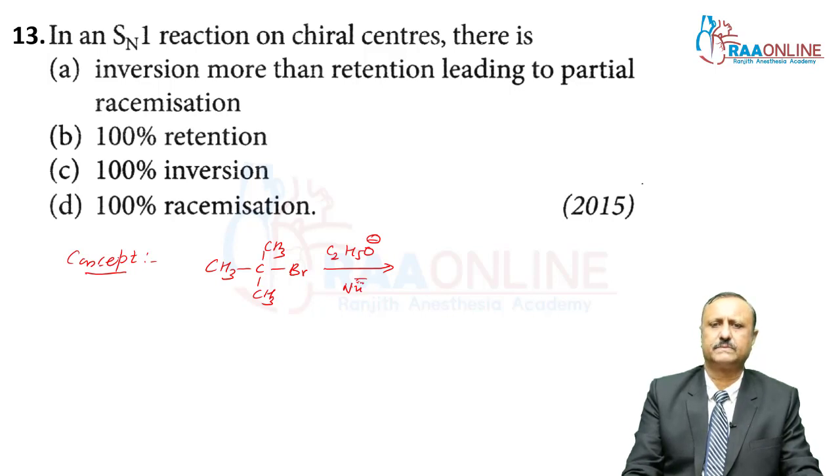When this halide is broken down, you get the bromide anion as well as the carbocation. This is the anion and this is the carbocation. Now my dear students, first of all the C2H5O minus ion attacks this carbocation, because this carbocation is stable.